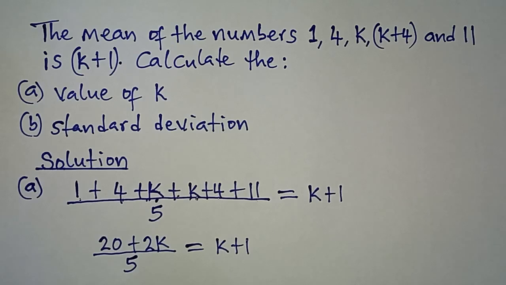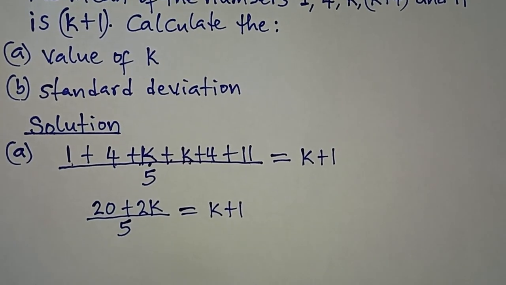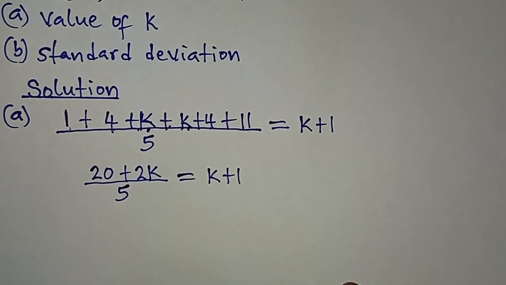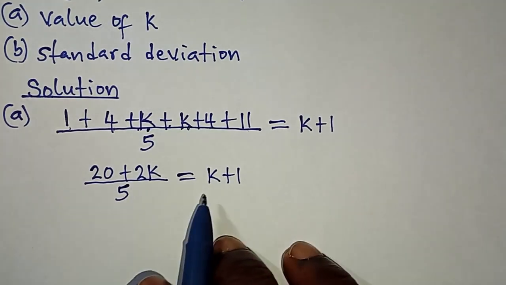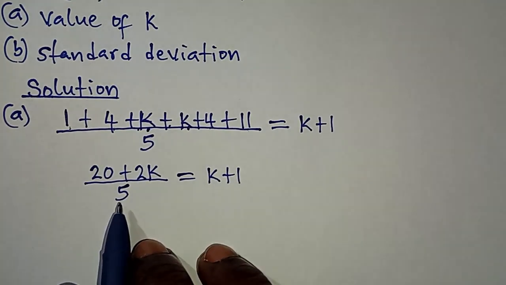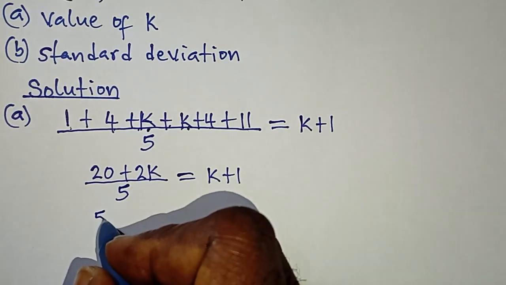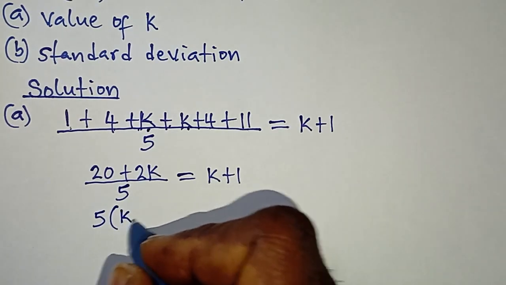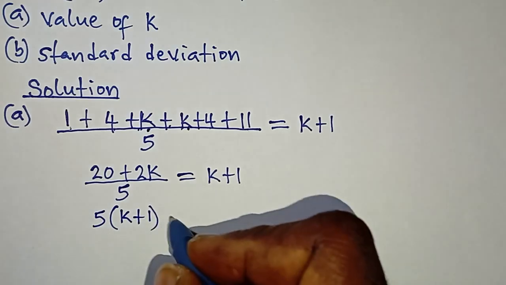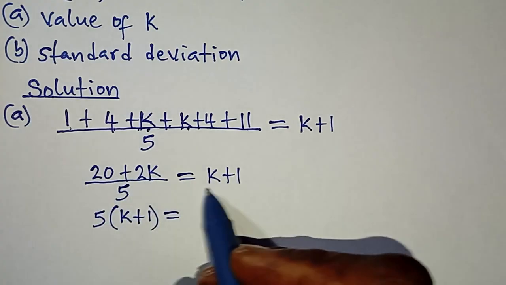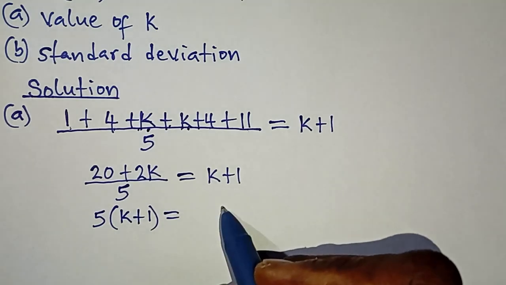So I'm going to cross multiply now so that we can find the value of k. In order to cross multiply, this is like k plus 1 all over 1. So this 5 here multiplies k plus 1. I'm going to write it as 5 multiplied by k plus 1, and that should be equal to this upper side here multiplied by the 1 that is the denominator here.